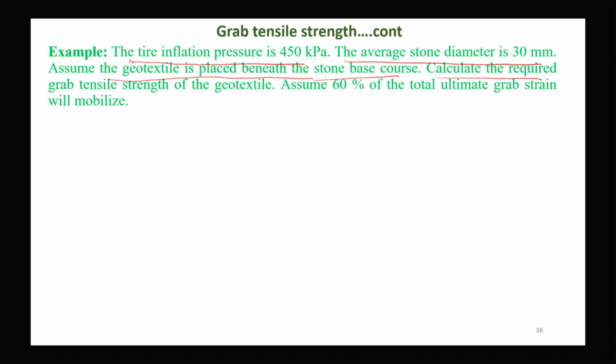Calculate the grab tensile strength of the geotextile. Assume 60% of the total ultimate grab strength will be mobilized. That means the strain is not mobilized 100%, only 60%. The rest 40% will be slippage, stone slippage.